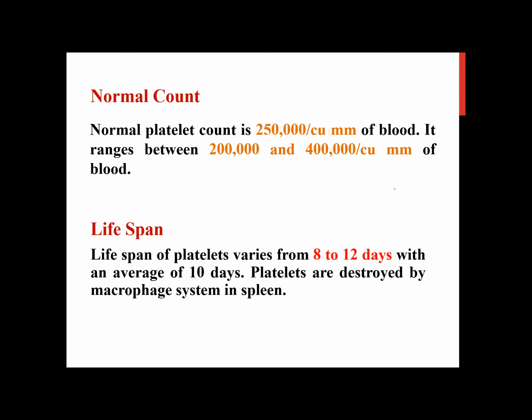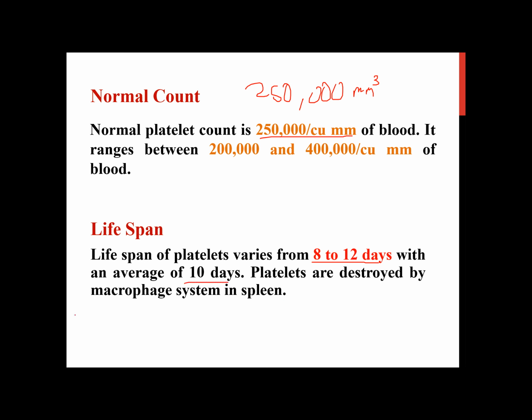Now, the normal platelet count, class, is 250,000 per cubic mm. It ranges between 200,000 and 400,000 per cubic mm of blood. Now, the lifespan of platelets varies from 8 to 12 days with an average of 10 days.